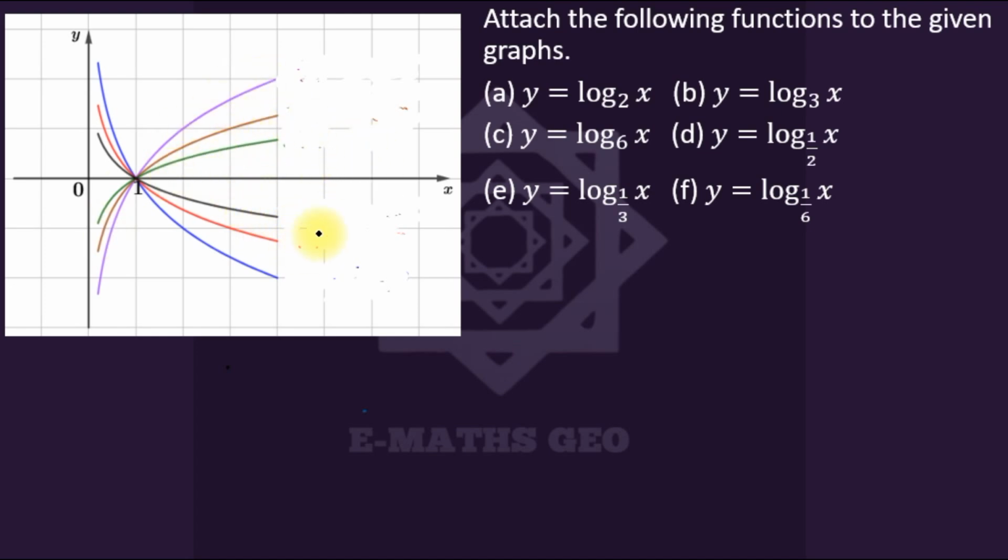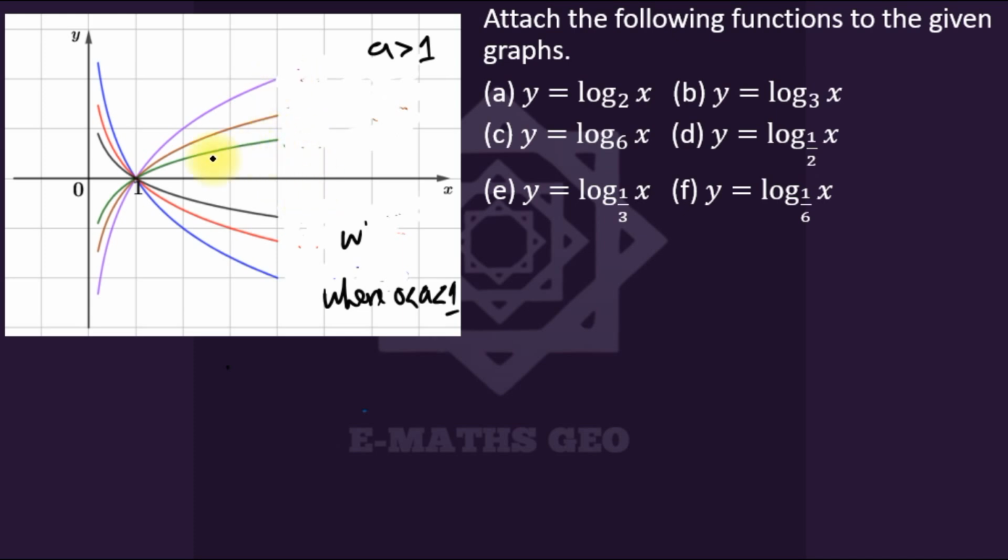The one where a is between 0 and 1, while this is where a is greater than 1. You can see these are all up here. But the problem now is, which one should be higher and which one should be lower?